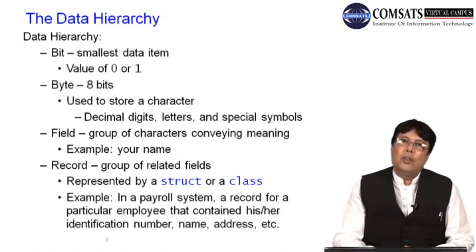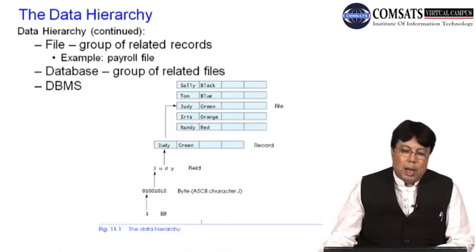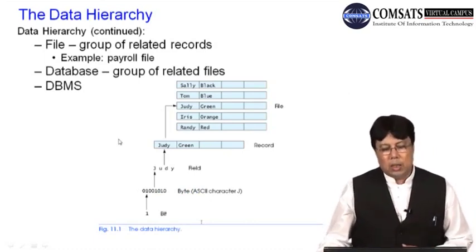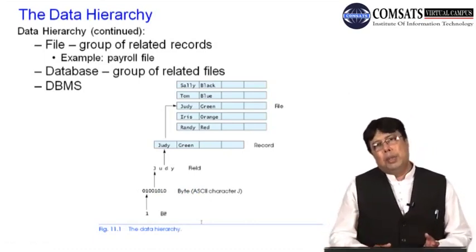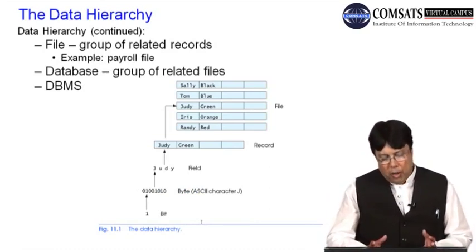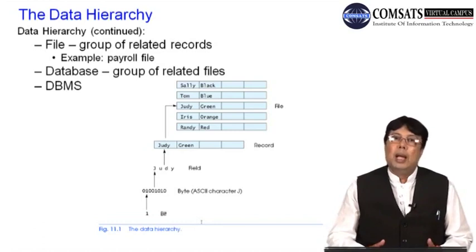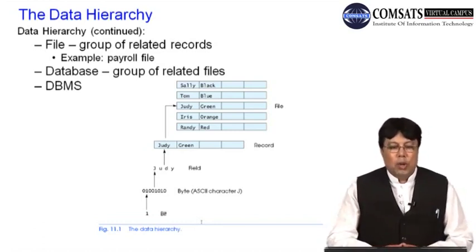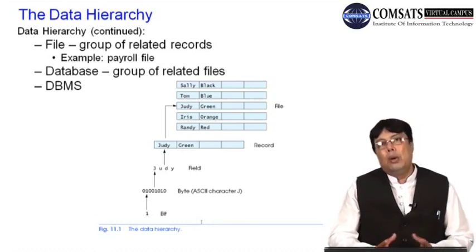When we combine this set of records, it becomes a file. So for one particular application there could be multiple files. For example, if we are talking about the financial system and salaries, we might be talking about a payroll file.